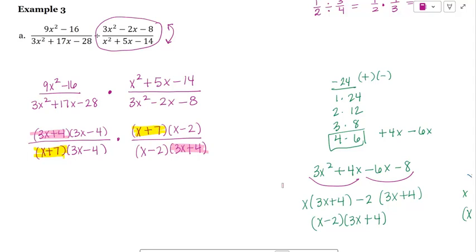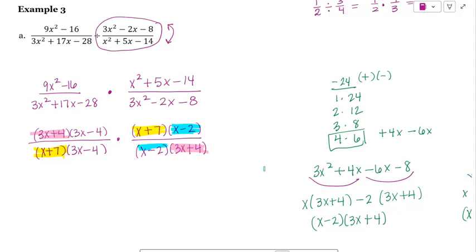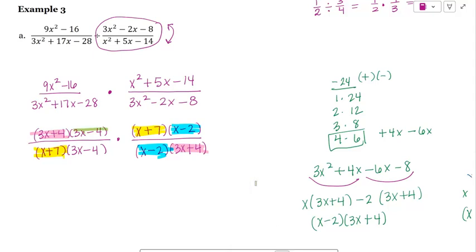Hey, is everything going to cancel? x minus 2 and x minus 2. Wow, I am flabbergasted. It looks like this is just going to end up being 1 for my final answer. I'm going to need to check that to make sure. All right, I just checked it and it's correct. Very cool.